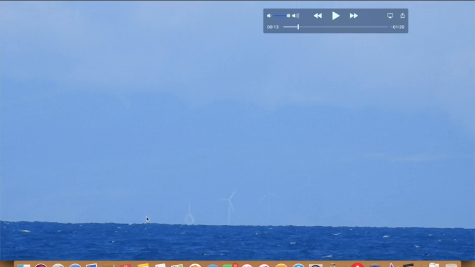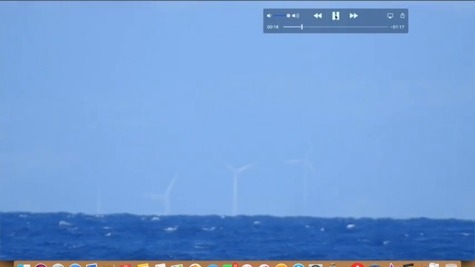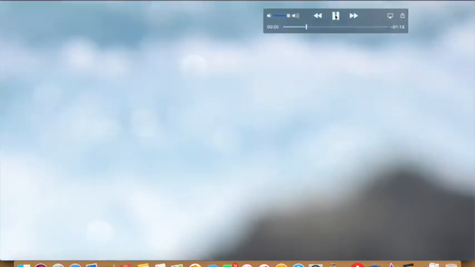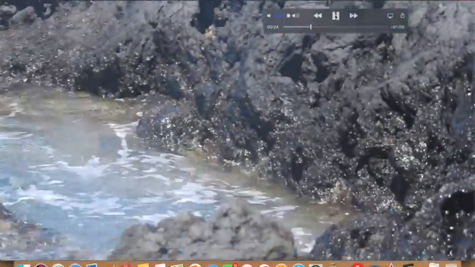Uh-oh, 7. There's one missing. Is that one here? 1, 2, 3, 4, 5, 6, 7. And this one's dipping in the water. But I'll show you a whole video about that. The windmills taking a dip.